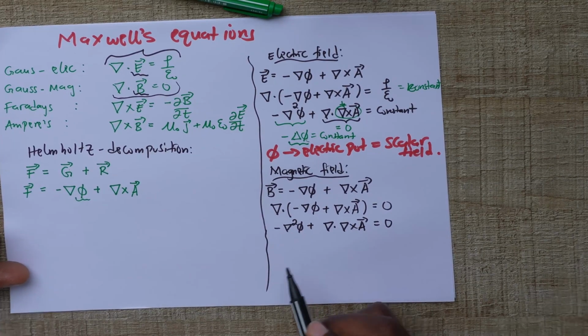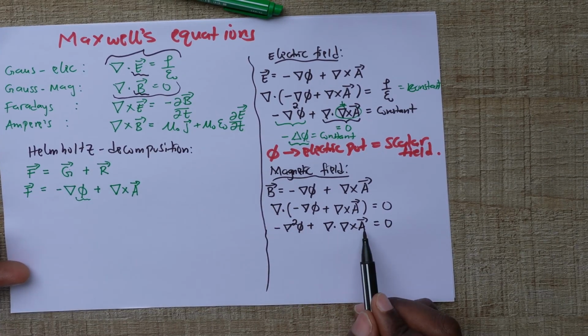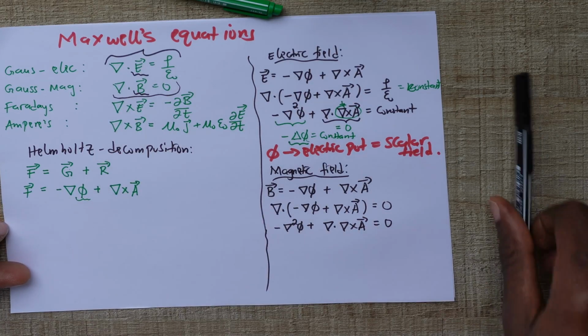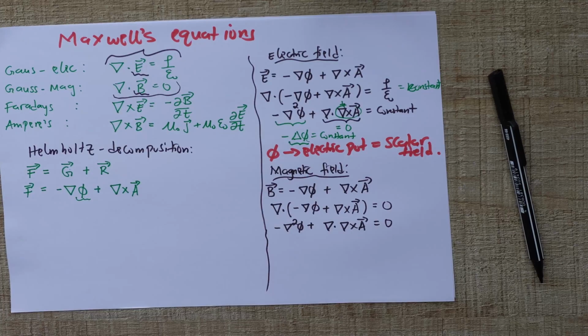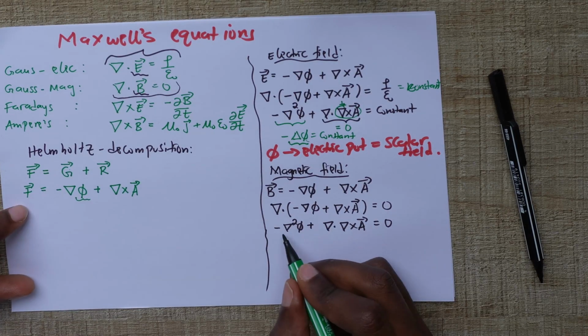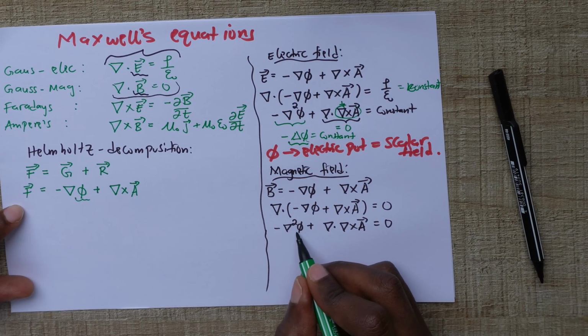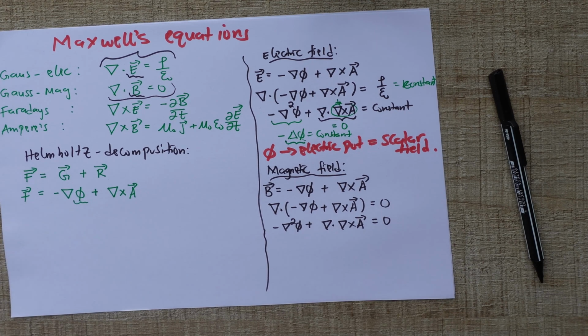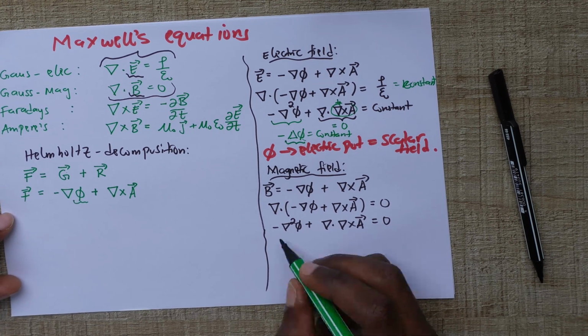Okay, so you realize that we have the sum of two quantities that must be equal to 0 for the divergence of B to be 0. And then this first part, negative nabla squared phi, phi is just a constant, and you're taking the spatial derivatives, second order derivatives, of a constant, and this has to be 0.